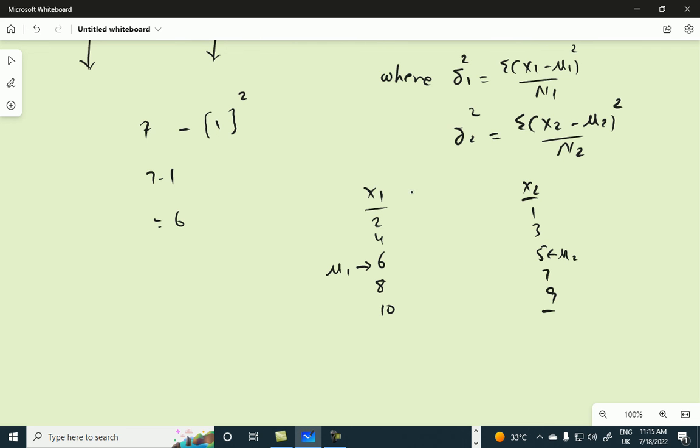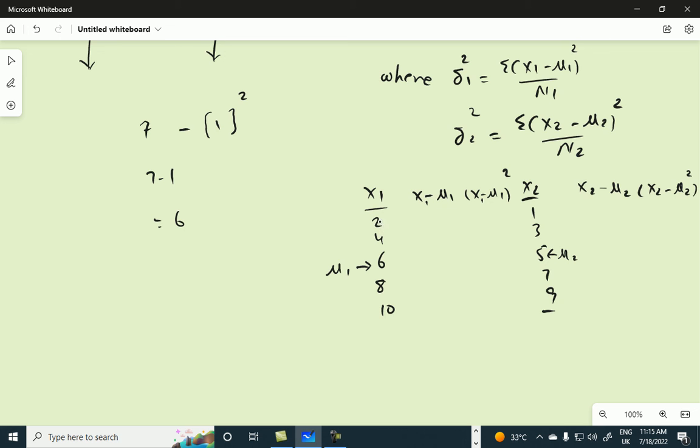We need two more columns for x1: x1 minus mu 1 and (x1 minus mu 1) square. Here also you need two more columns, x2 minus mu 2 and (x2 minus mu 2) square.